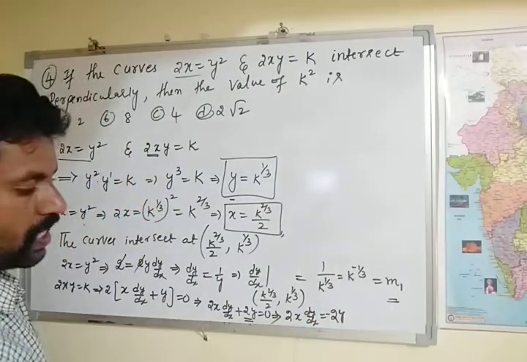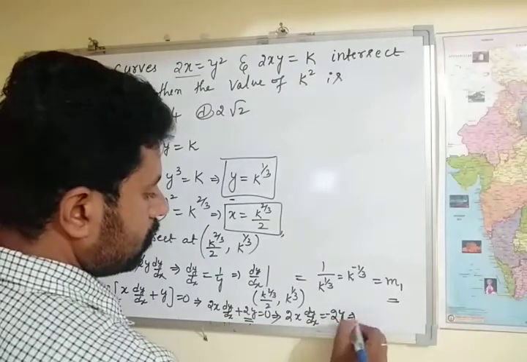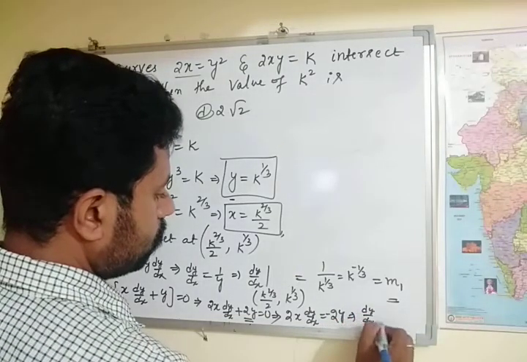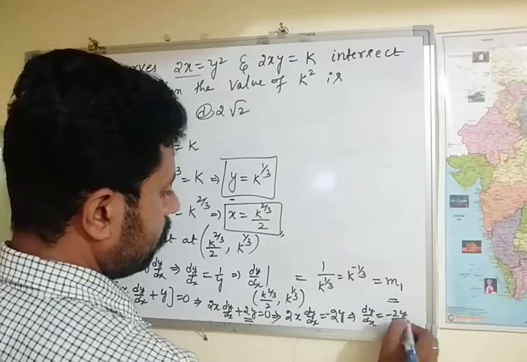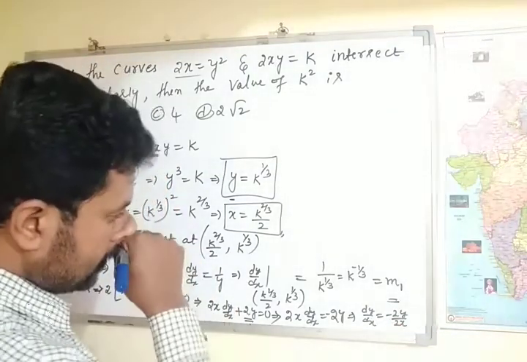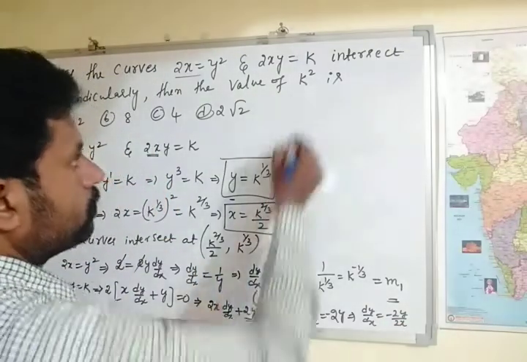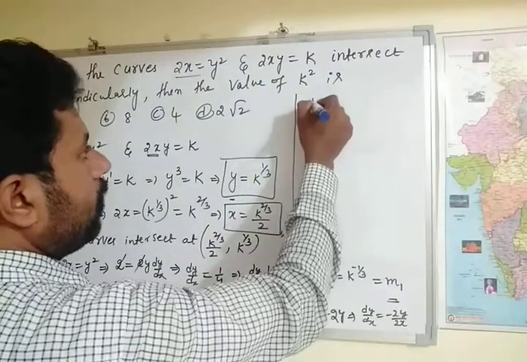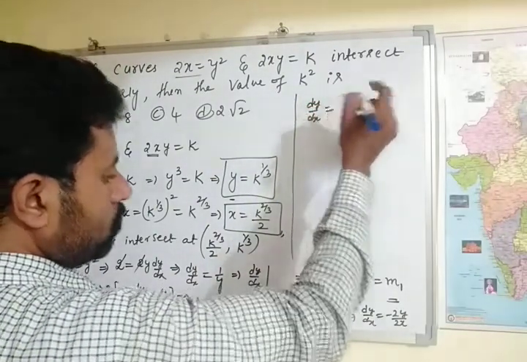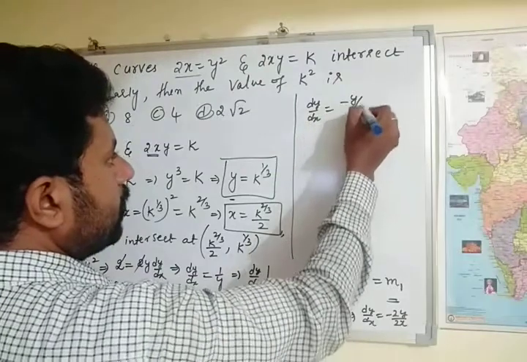Then divide both sides by 2x. We get dy by dx is equals to minus 2y divided by 2x. 2 gets cancelled. We get y by x in the term. dy by dx is equals to minus y by x.